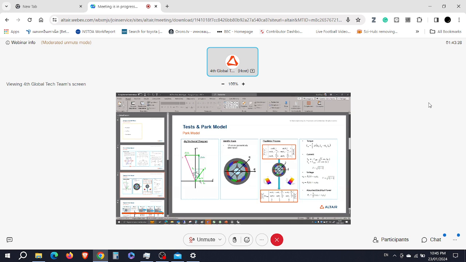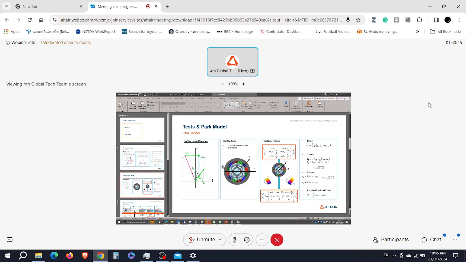But the control angle is still in this quadrant and not in that quadrant. So we have to be careful as well when there is a permanent magnet, a synchronous reluctance machine assisted by permanent magnet. Okay, in our case, we are talking mainly about the synchronous reluctance machine without magnets.